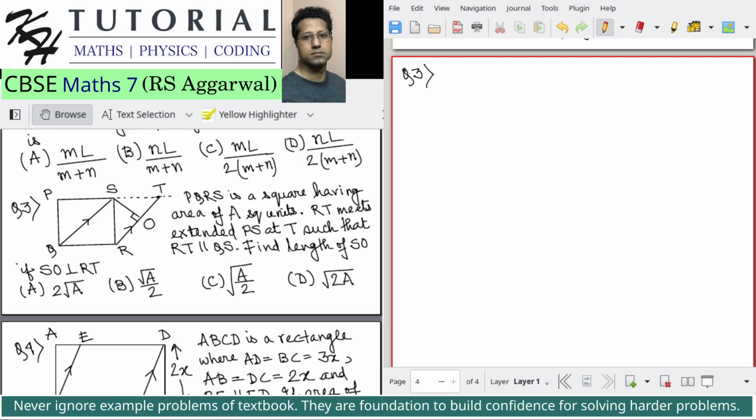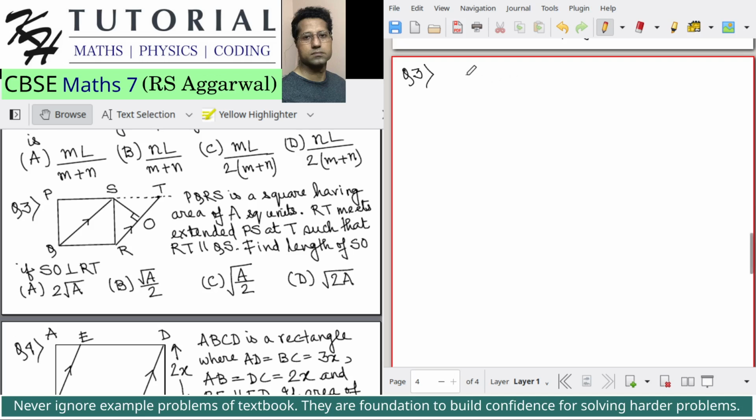RT meets extended PS at T such that RT is parallel to QS. So RT is drawn parallel to QS and it meets the extended PS at the point T. Find the length of SO if SO is perpendicular to RT.